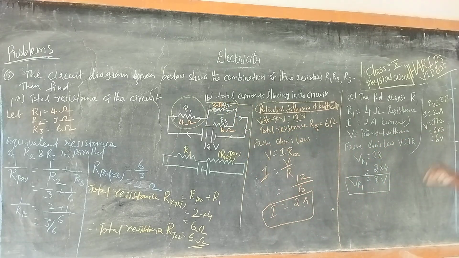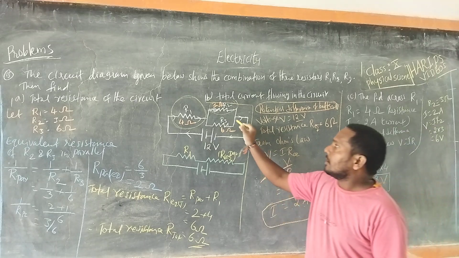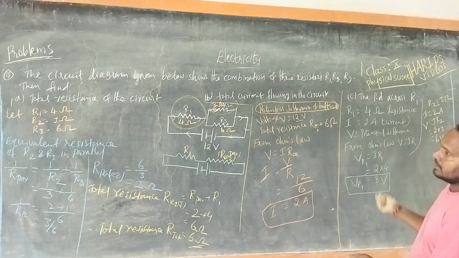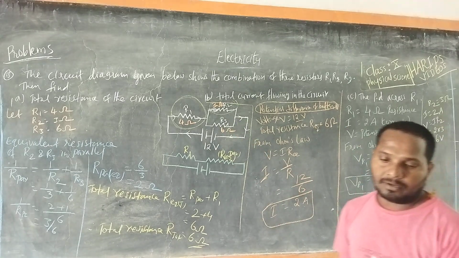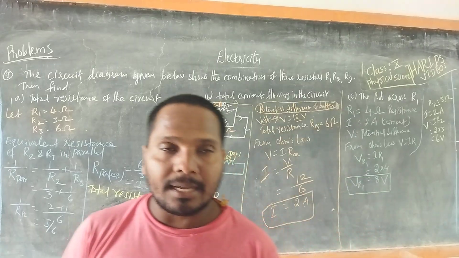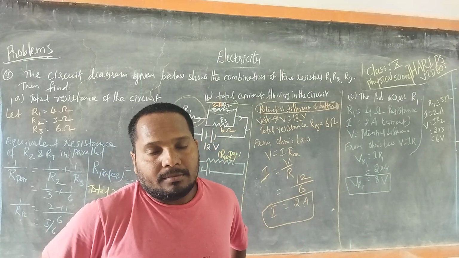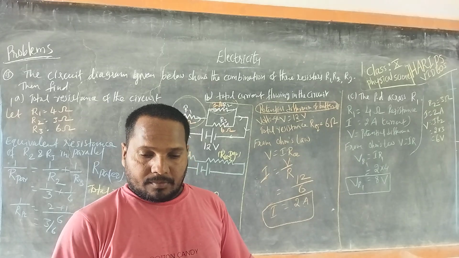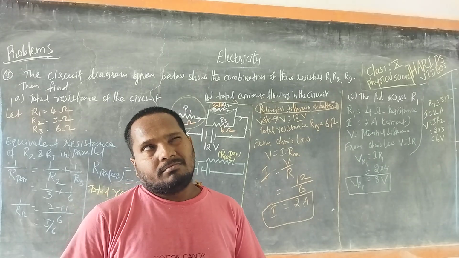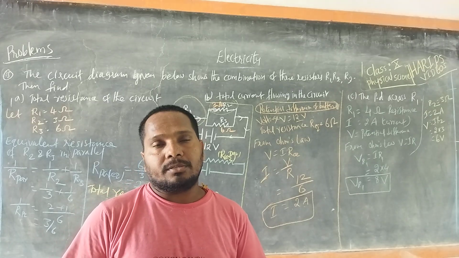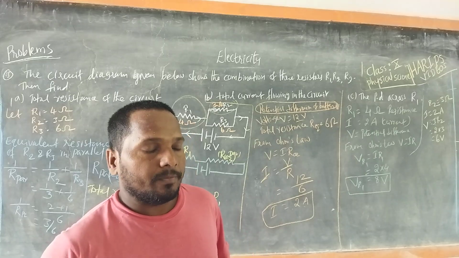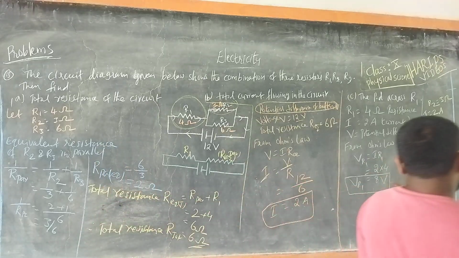Then we can find out R3 also. But if two resistors are connected in parallel, generally the voltage is the same.